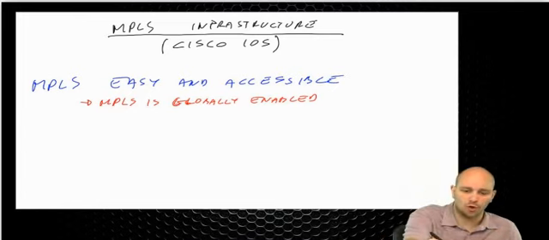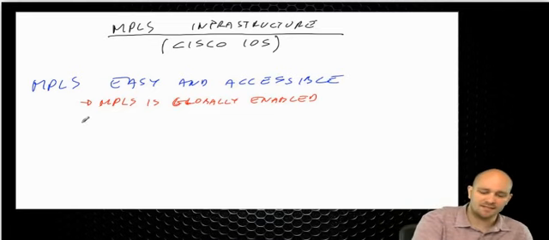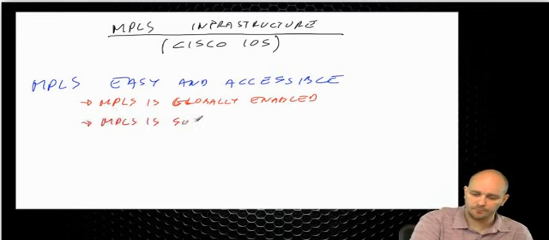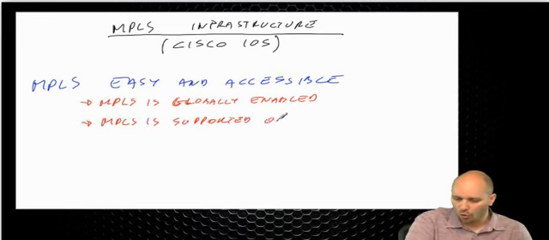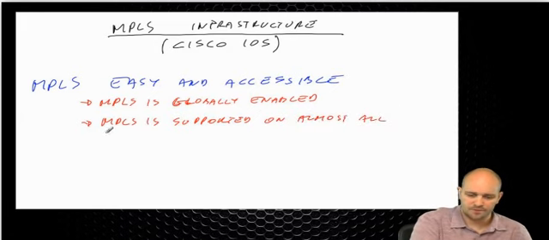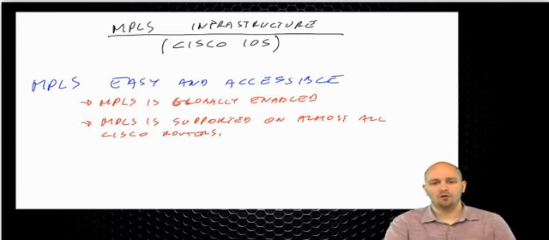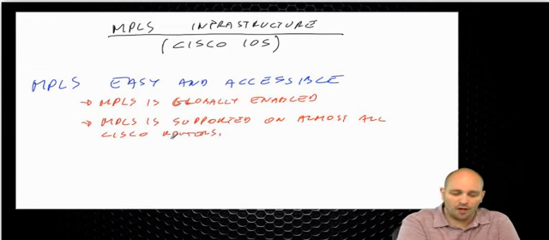Another thing is that MPLS is supported on almost all Cisco routers. You will be hard-pressed these days to find Cisco routers that don't support MPLS. This is not necessarily true for switches.